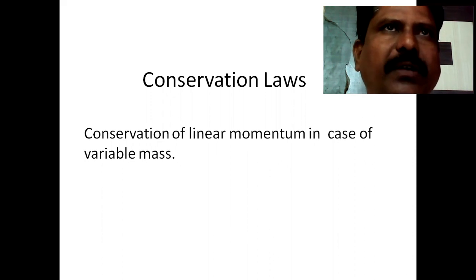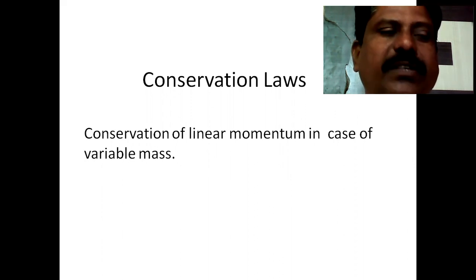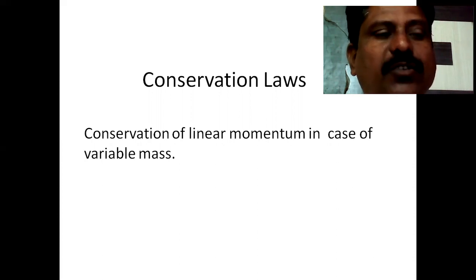An example of variable mass, where the mass changes during its motion, is a rocket. So what do you mean by a rocket? It is a device, or you can call it a satellite vehicle or instrument. What purpose is it used for?